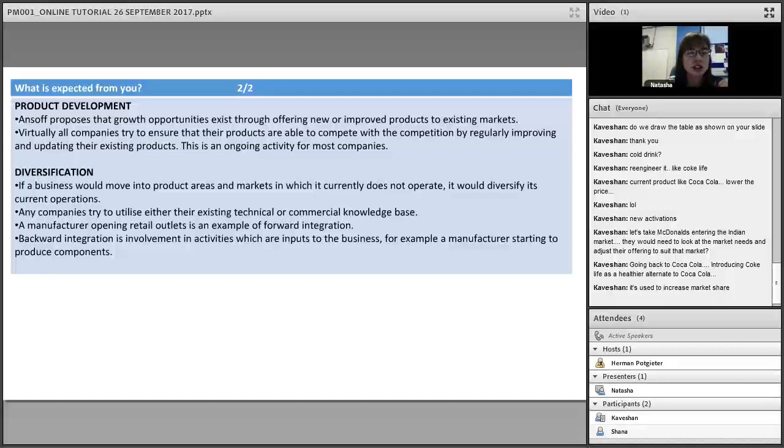All right, diversification, Kavesh. This is where you have a new product in a new market. You can mention forward or backward integration if you want to, with an example. Give me an example of diversification or forward or backward integration.